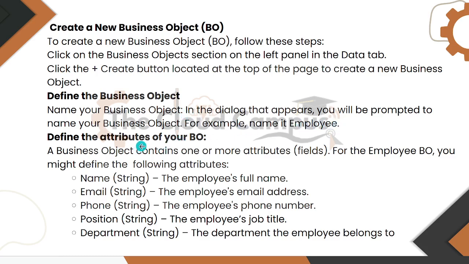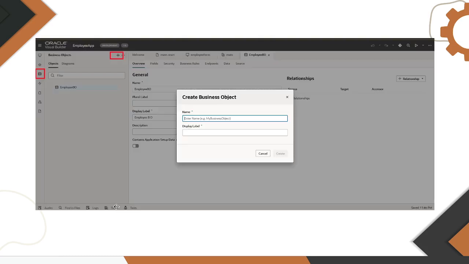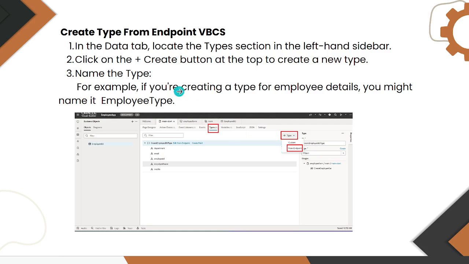Define the attributes of your business object: name, email ID, phone number, position and description. This is the business object tab. The highlighted box is the business object tab. Click the plus icon. The create business object page opens, with name, display label, cancel and create.